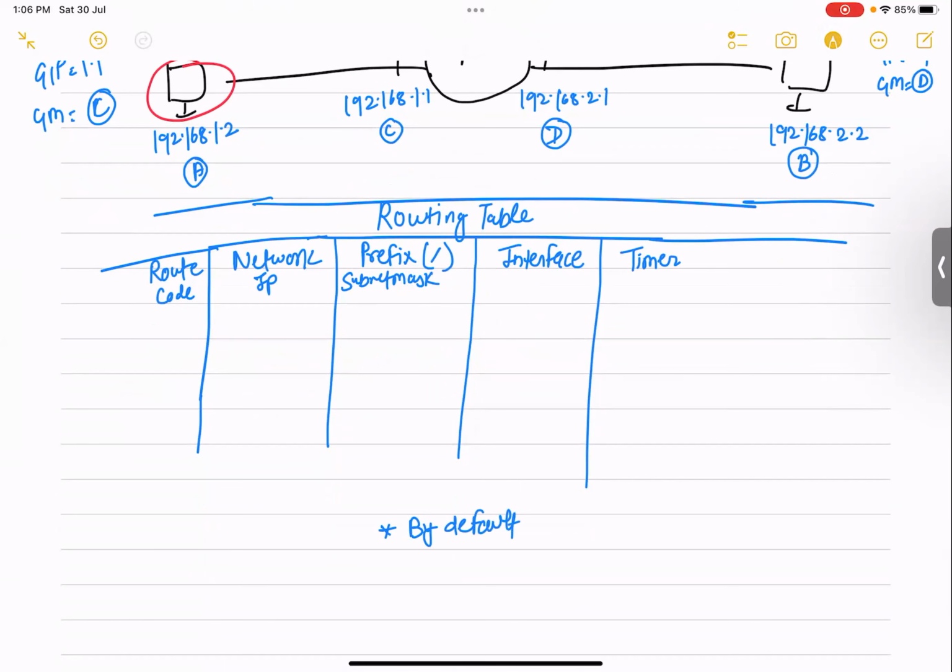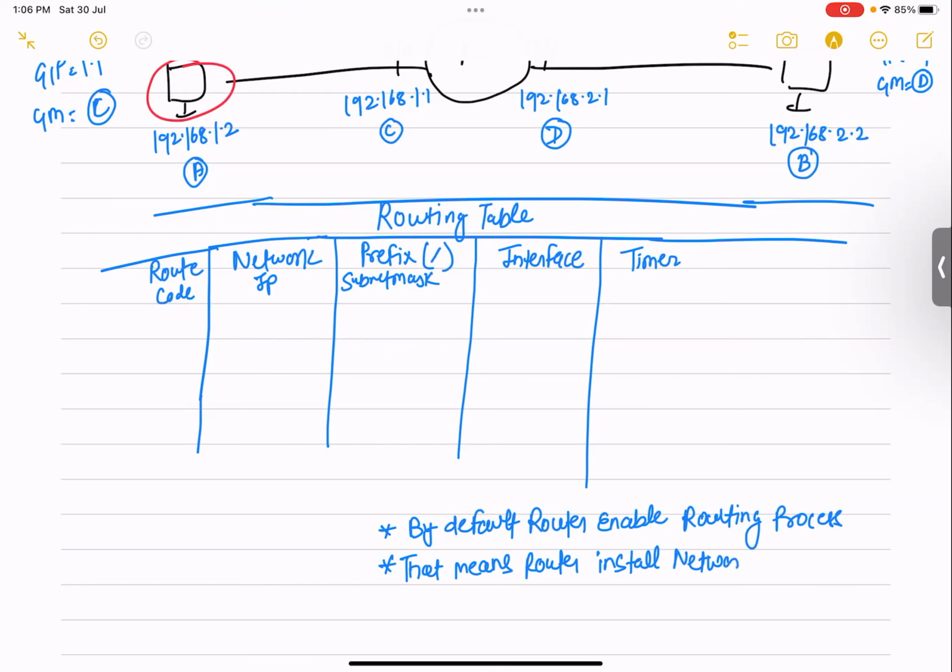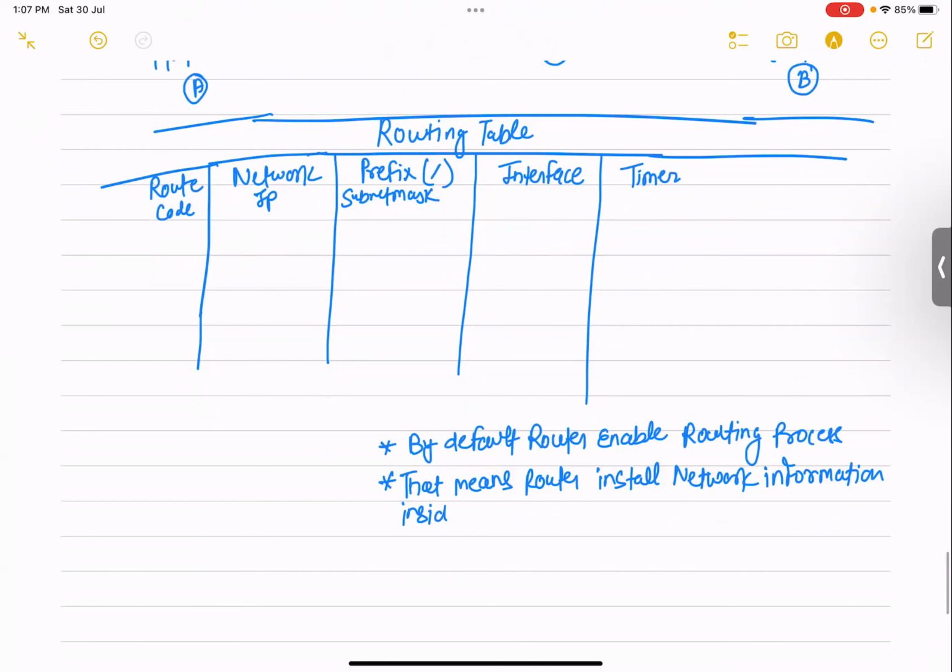Okay, now one more thing for routing. By default, a router enables which process? Routing process. That means a router installs network information inside which table?